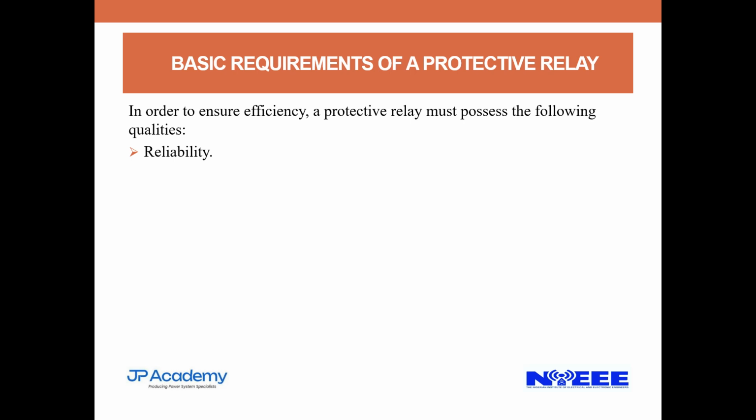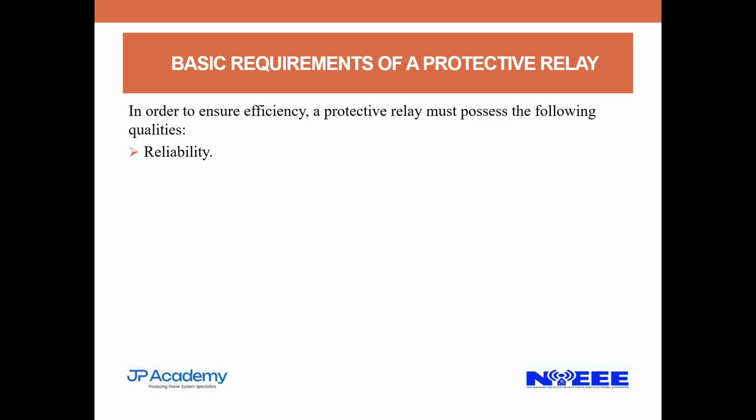Now, reliability is the most essential requisite of a protective relay. Reliability is a degree of certainty that a relay will operate correctly as and when required, because these relays usually remain inoperative until a fault is introduced to the power system.